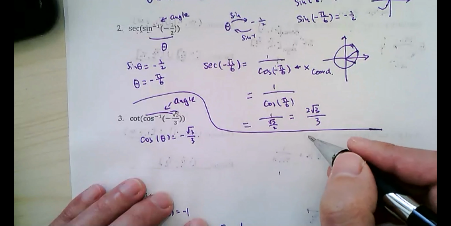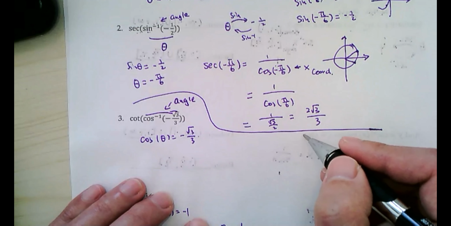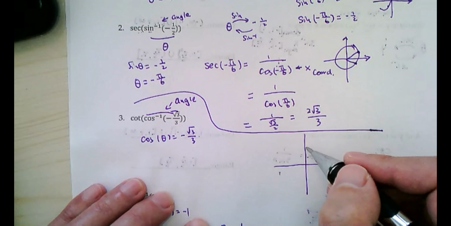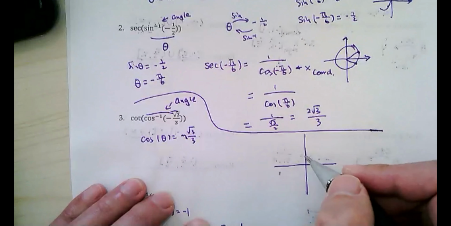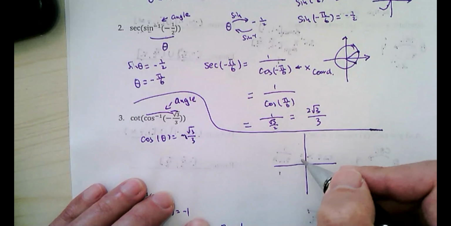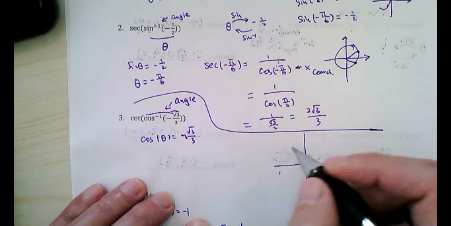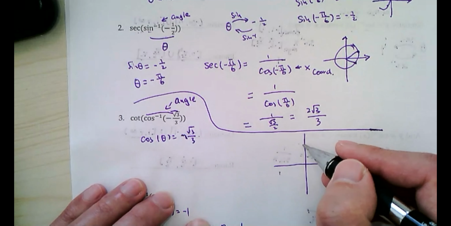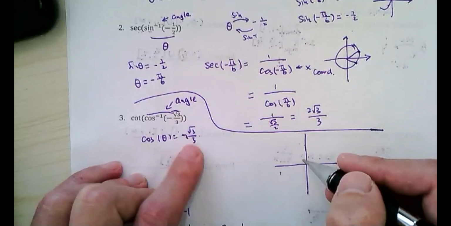Again, let's use the unit circle to figure that out. Okay, this is a negative value. Cosine of it should be on the negative side of the axis, right? Inverse cosine should give you an angle in the second quadrant, because we are dealing with a negative value.